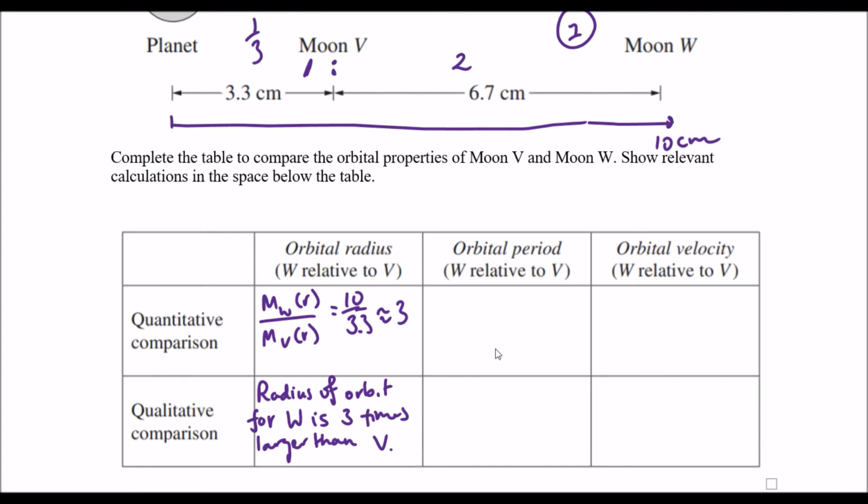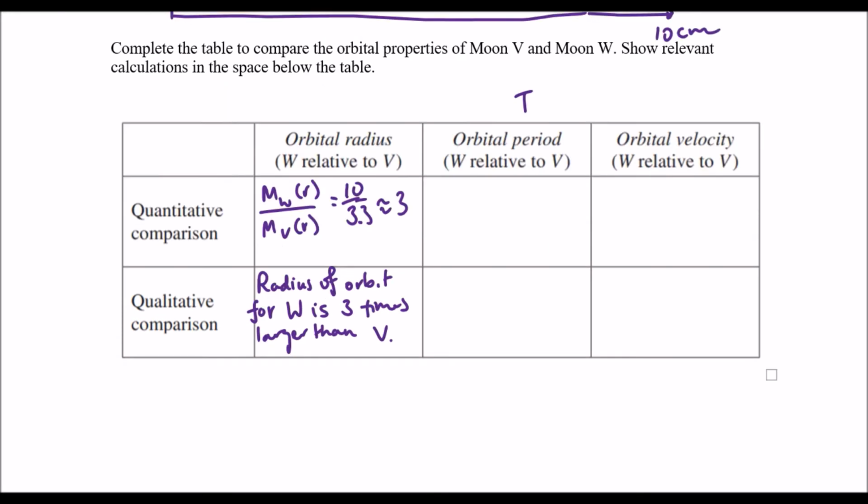Okay, the next one we're looking at is orbital period. So we need to look at some equations that can help define this relationship. For the orbital period, we can actually use Kepler's third law, r³ over T² equals r³ over T².